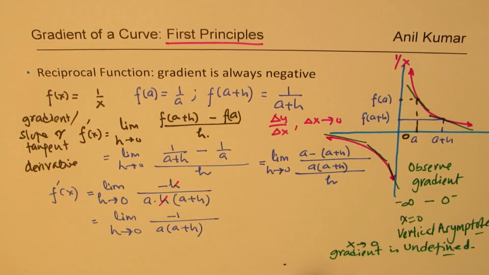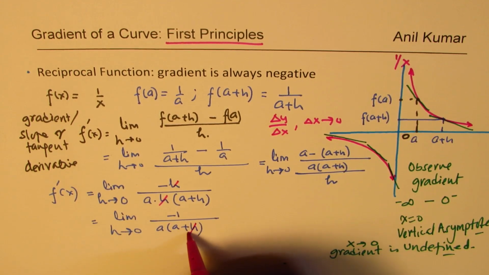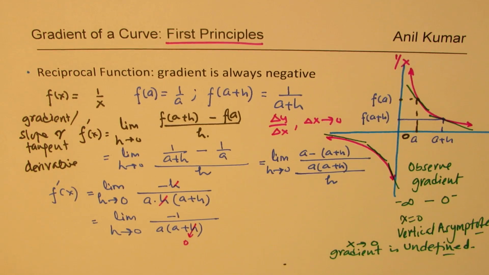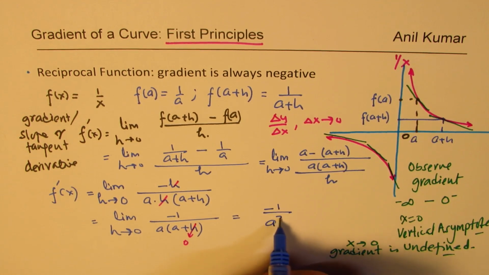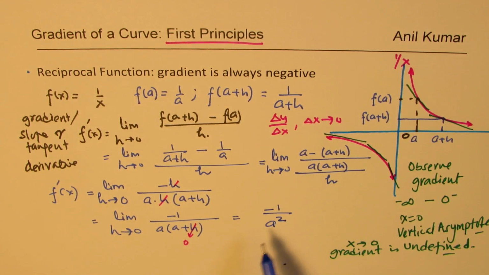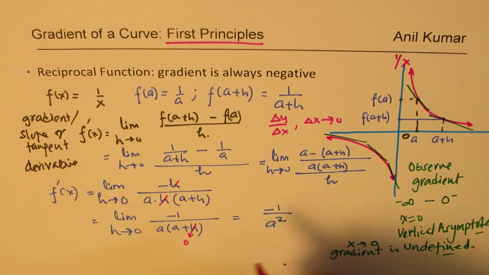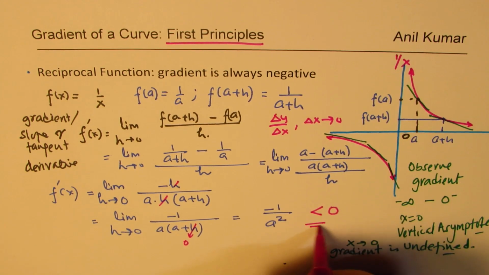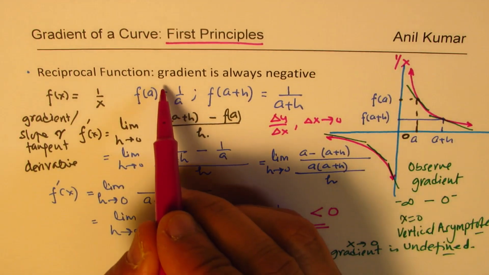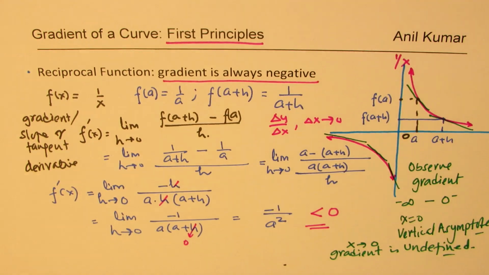Now if h is approaching 0, we know this term is also approaching 0. So we could now write this expression as minus 1 over a squared. Do you see that? So it is negative. A squared is always positive, and so we get that this function is always less than 0.